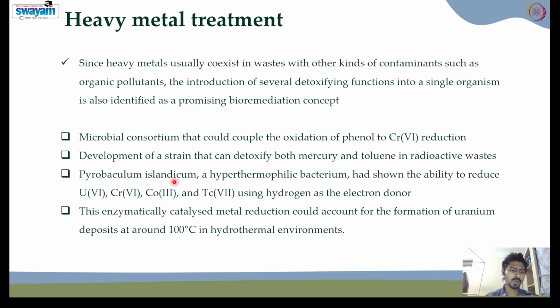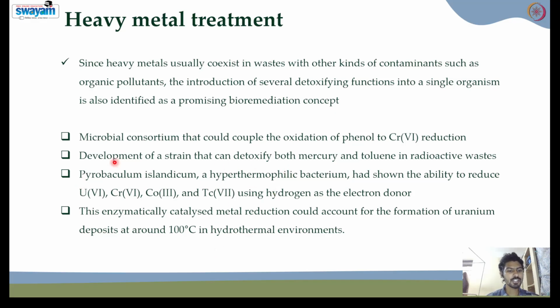One such example is Pyrobaculum islandicum, which is a hyperthermophilic bacterium, a nature's extreme specialist, which has multiple metal reduction. That is, it can simultaneously reduce different metals like uranium, chromium, cobalt, etc. by using hydrogen as the electron donor. And moreover, this enzyme catalyzes the metal reduction at around 100 degrees Celsius, as it is a hyperthermophilic bacterium.